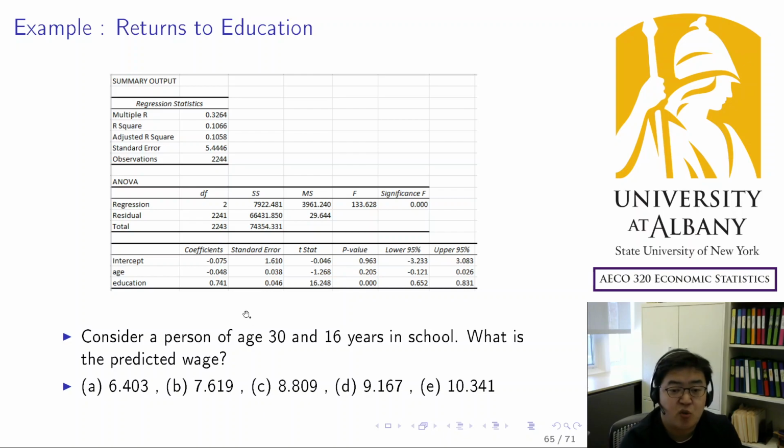I will ask you this question. Suppose that there is a person whose age is 30 years old, and he or she finished 16 years in school, like finished college. What is the predicted wage, predicted salary, according to your regression? Simple algebra. Okay, you can use those numbers.